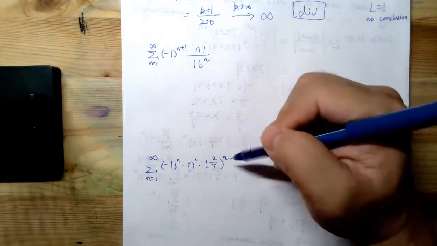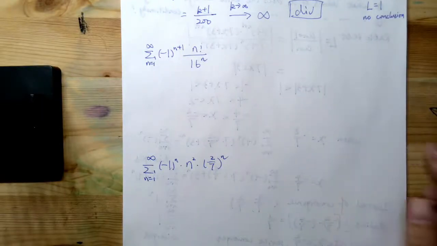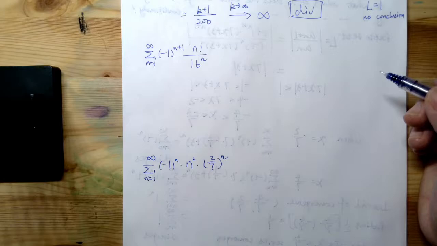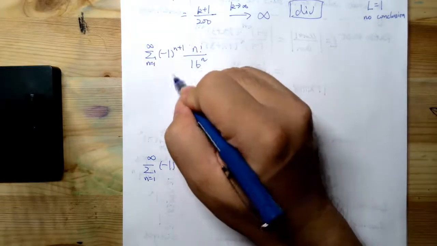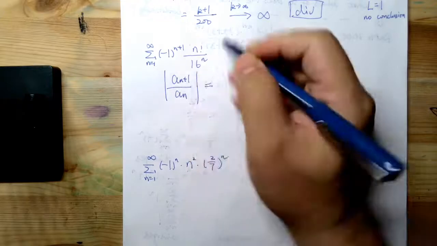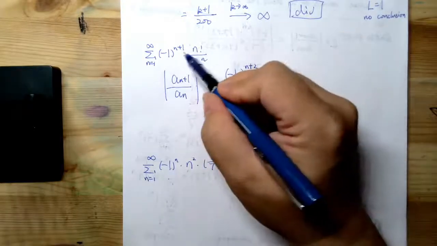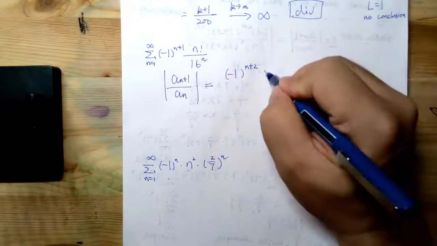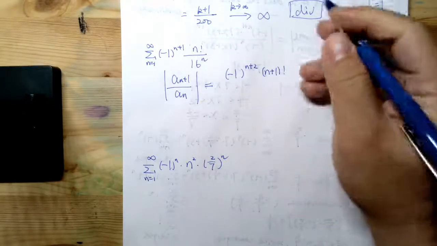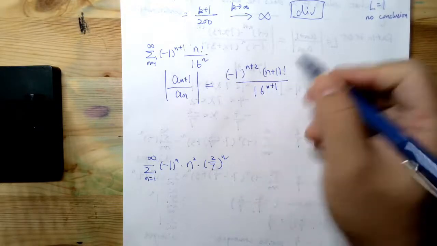Now, look at the next two examples. Those are two alternating series, and still we can apply the ratio test. For |a_(n+1)/a_n|, we have negative 1 to the power n plus 2. Keep in mind the original one is n plus 1, (n plus 1) factorial over 16 to the power n plus 1.